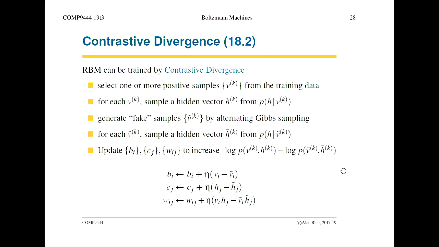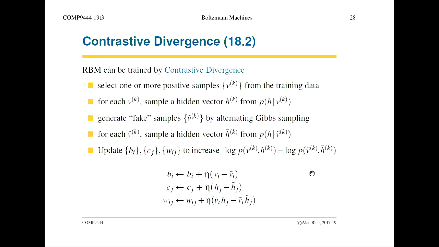With gradient descent, for each pixel, you look at the difference between the real image and the fake image, multiply by the learning rate, and add that to the bias, and the same thing with the hidden units. And with the weight, you look at Wi Hj minus Wi tilde Hj tilde. So this is just simple linear calculus to increase one probability and decrease the other.